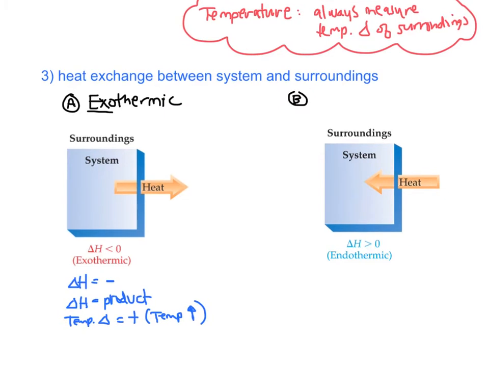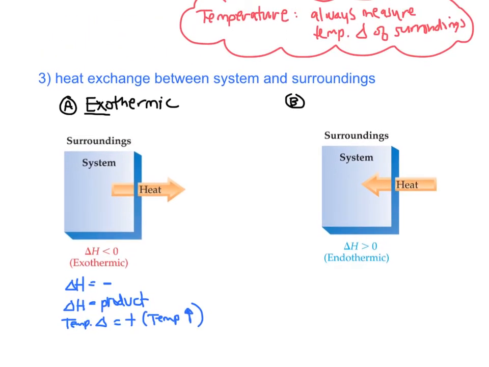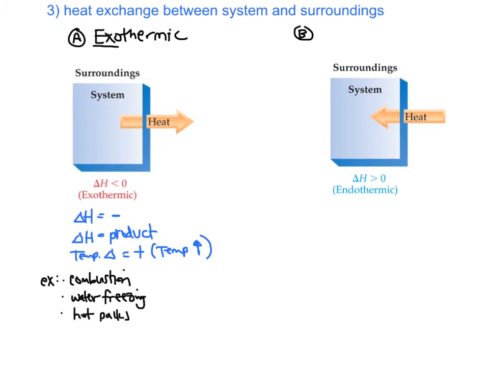All right, let me first give you some examples of exothermic reactions. Combustion is an exothermic reaction. The freezing of water is an exothermic reaction because it has to give up energy to freeze. And those little chemical hot packs that you crunch up to make your hands warm are also an exothermic reaction.